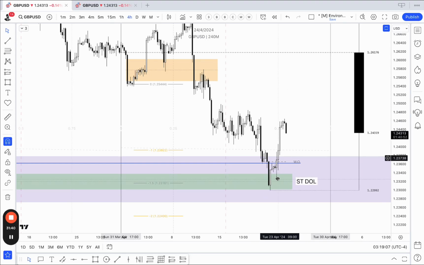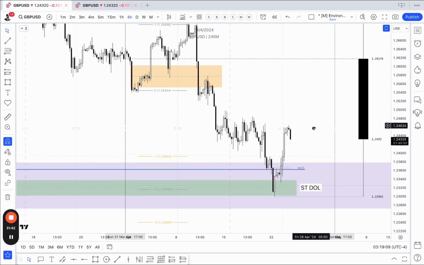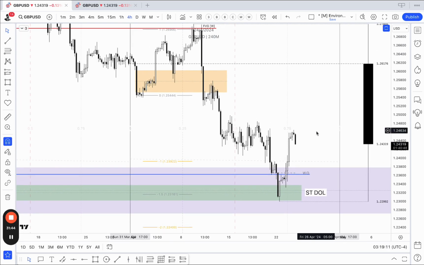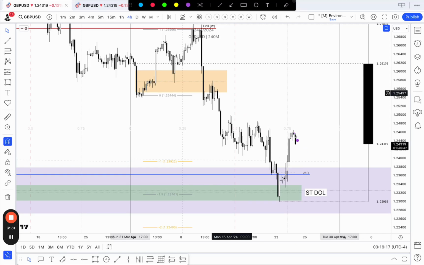So that was what constituted my long, and yeah, directional bias though is still bearish, since I want to see price break the candlestick structure of the previous month's low here again. But inside of the candle, if it doesn't align, then that could affect how the week's going to deliver as well.